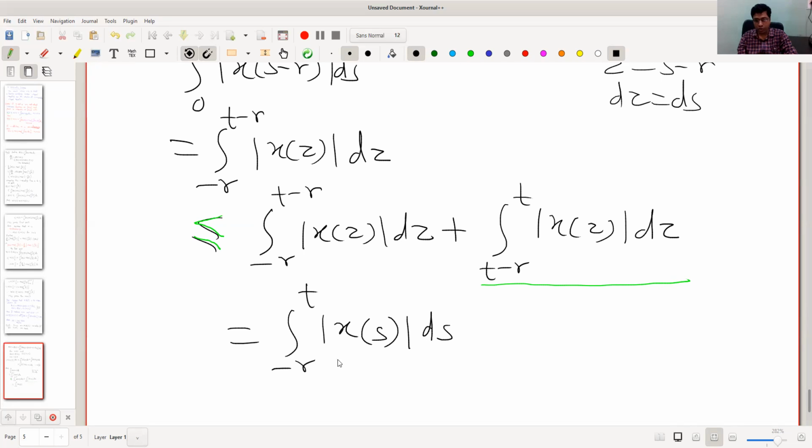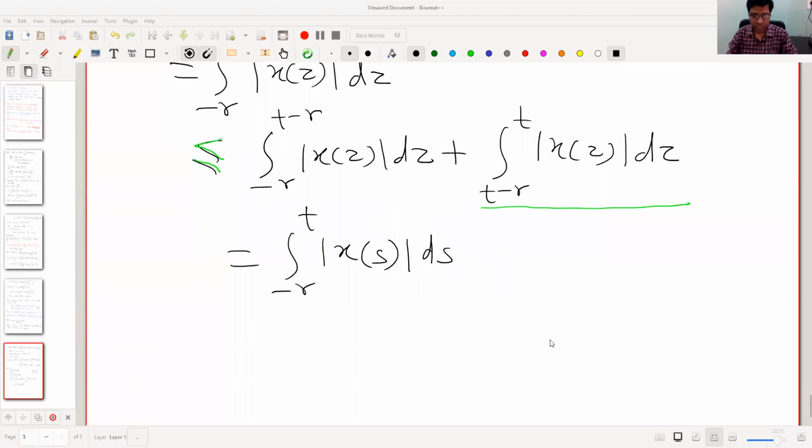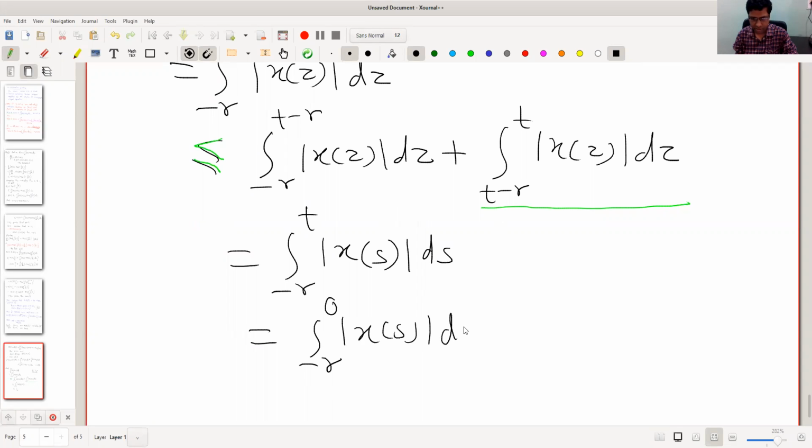Now we split into two terms. We write this as the integral from minus r to 0 of the modulus of x of s ds plus the integral from 0 to t of the modulus of x of s ds.